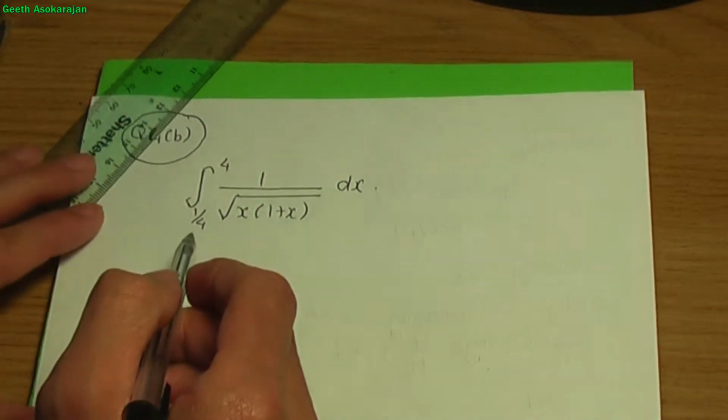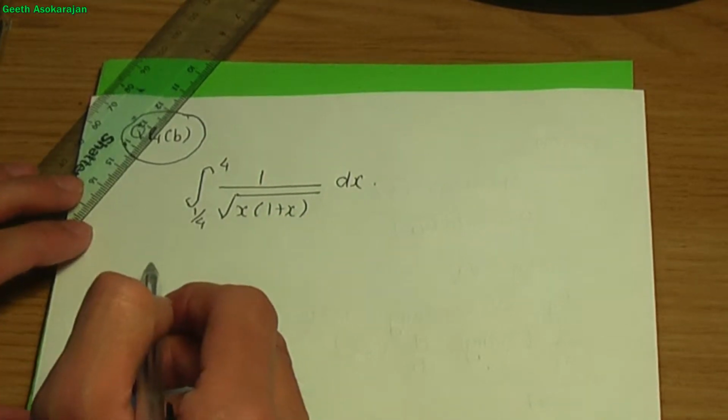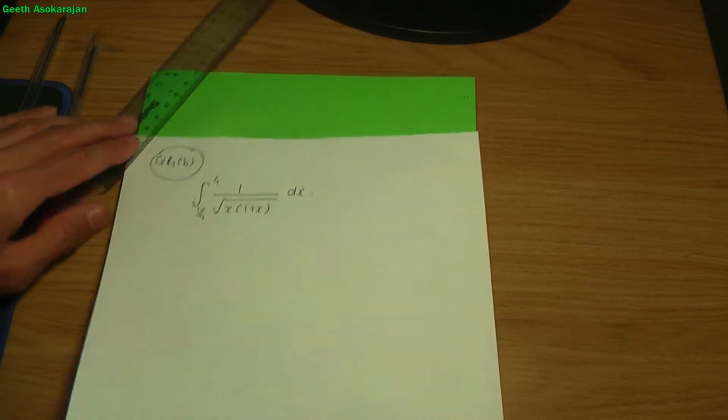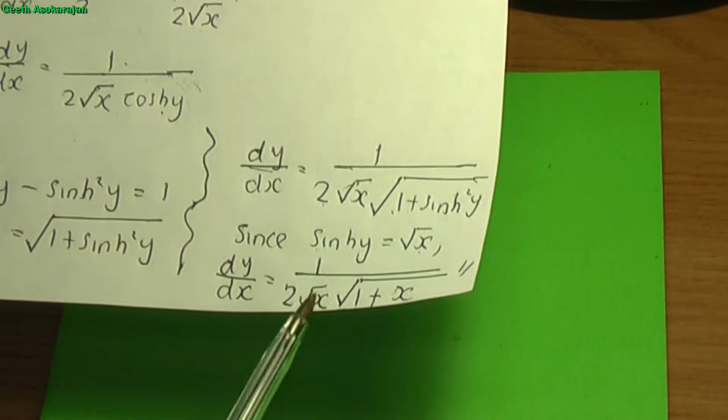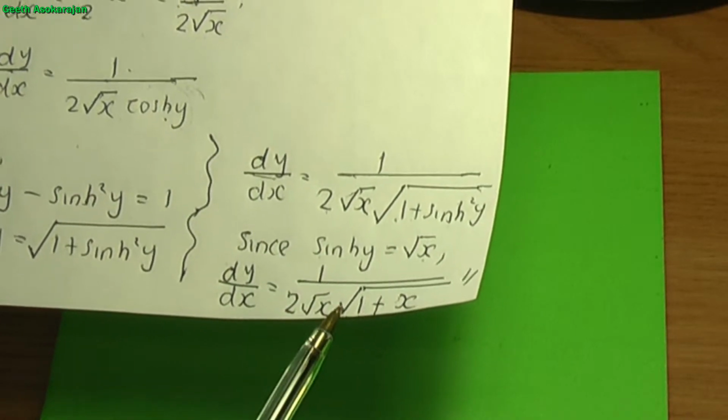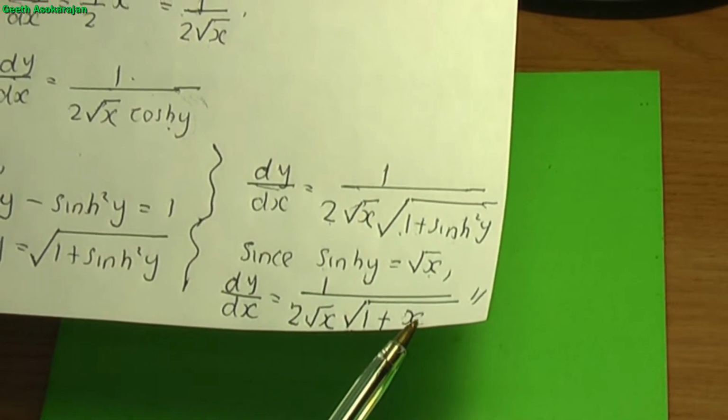Here's question 4 part B. We need to solve this integral. Now part A is going to help us. We know that dy over dx is 1 over 2 root x into the root of 1 plus x.